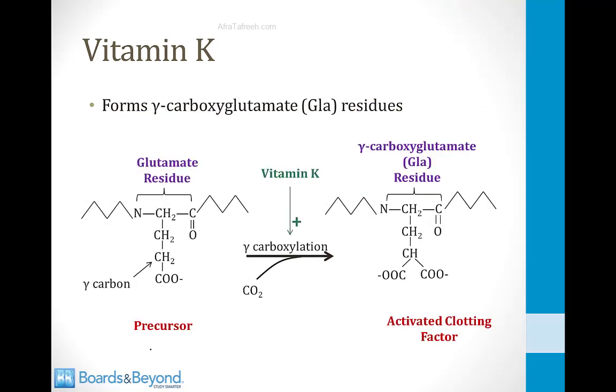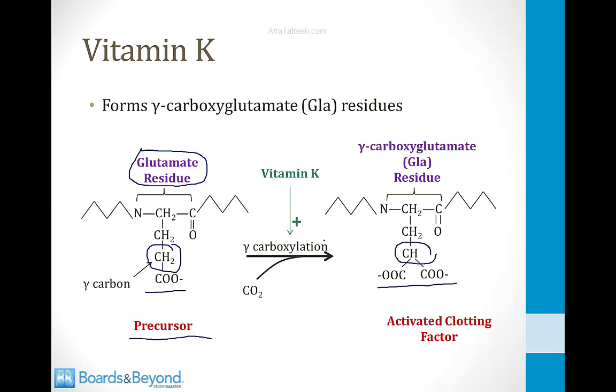All of the vitamin K dependent clotting factors are synthesized as an inactive precursor, and somewhere in that precursor molecule, there is a portion of the molecule that looks like the amino acid glutamate. This is called a glutamate residue of the precursor molecule. Within that glutamate residue, there is a carbon called the gamma carbon, and initially in the precursor form, the gamma carbon contains one carboxylic acid group. To become activated, this precursor needs to have a second carboxylic acid group added to that gamma carbon.